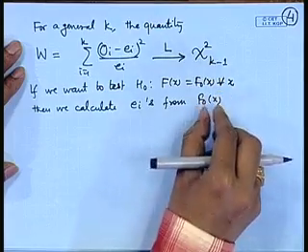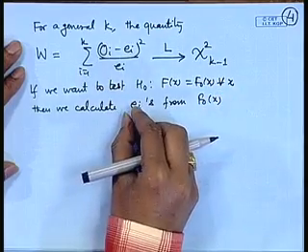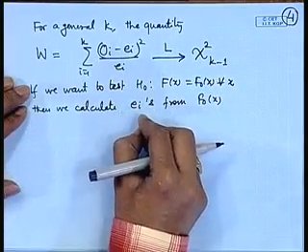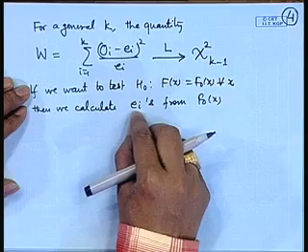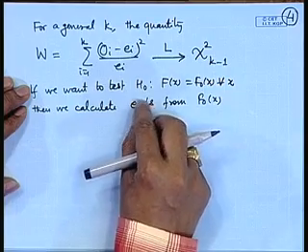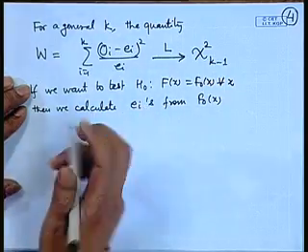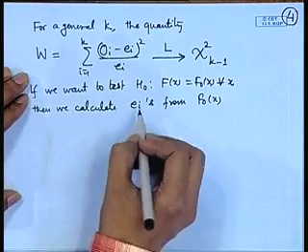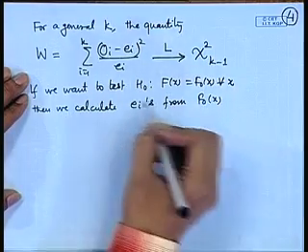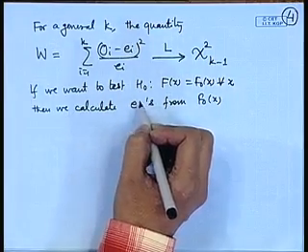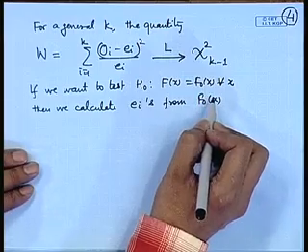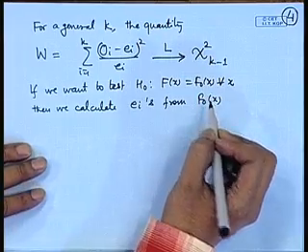That is, under the distribution f naught, what is the probability of the ith interval? So, that is pi i, and if I multiply by n, I will get Ei. Of course, this is calculated from the known distribution.